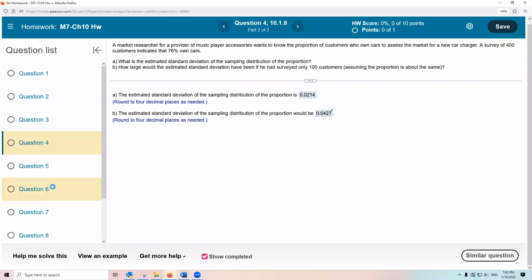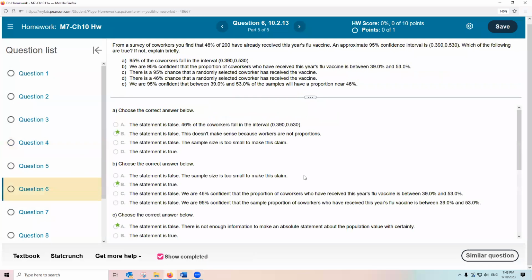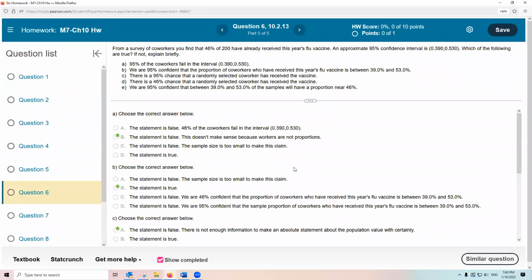All right, let's do a couple more. Let's do this one. It says you take a sample of 200 and you want to know how many received the vaccine. You find 46% did.